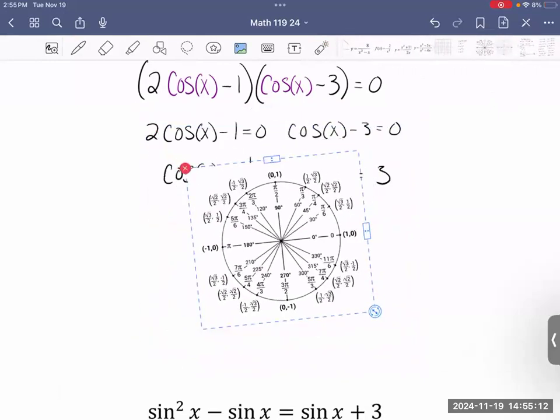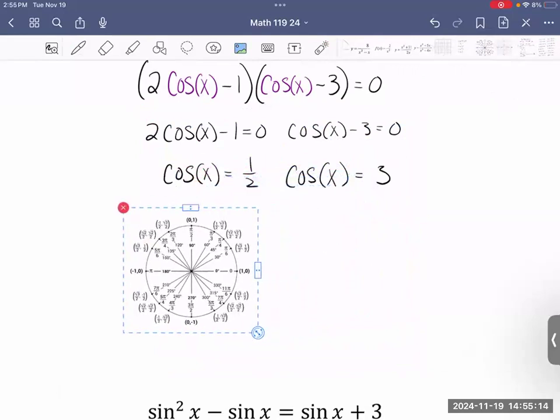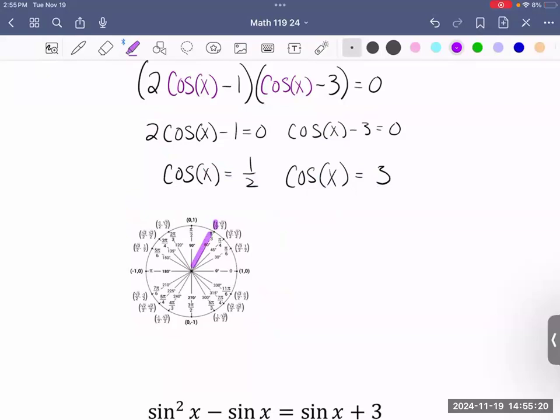On your unit circle here, where is cosine equal to 1/2? Well, we talked about that being your x value. That's at pi over 3, and again at 5 pi over 3. So x is equal to pi over 3 and x is equal to 5 pi over 3. Again, this x being find the angle.